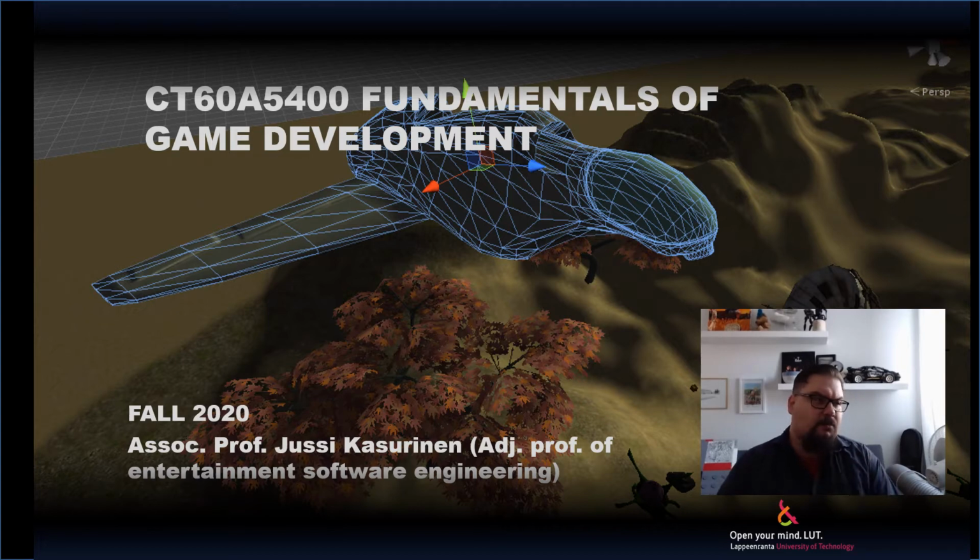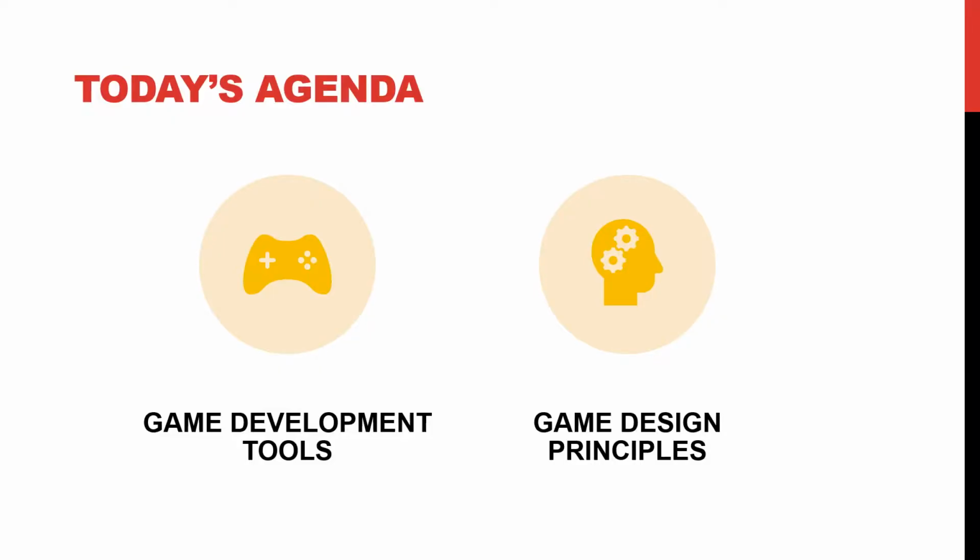But let's move to today's agenda. Today's agenda will be twofold. First, we are going to go through some fundamental aspects of game development tools. So what types of tools usually are associated with game development work, and also what sort of tools you might want to check out if you are interested in doing game development work in the industry.